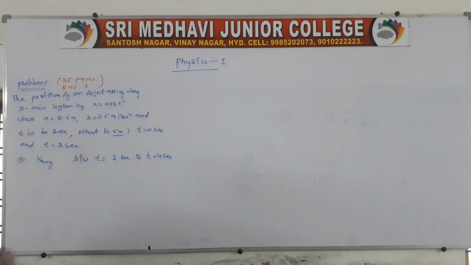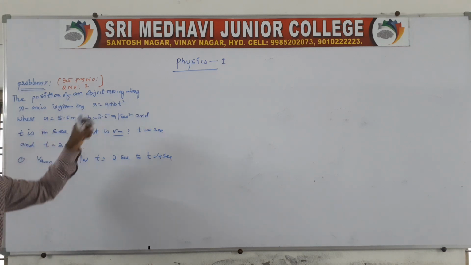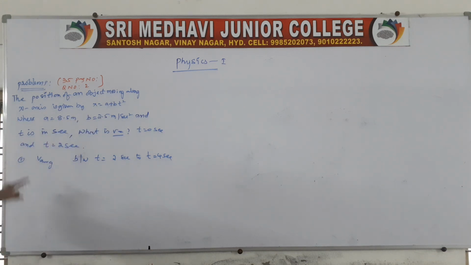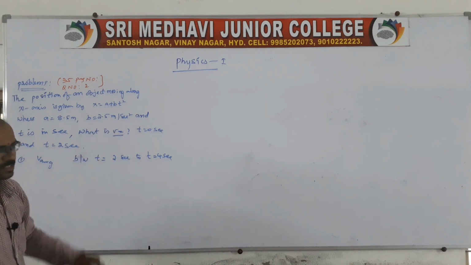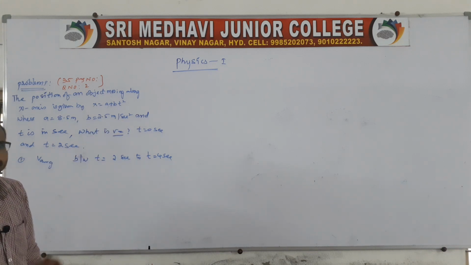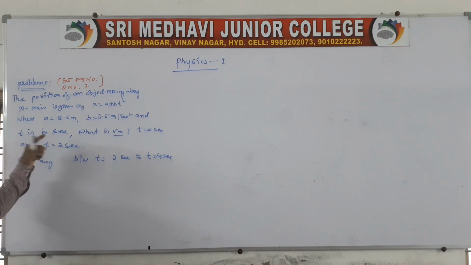The question is: the position of an object moving along the x-axis is given by x is equal to a plus bt square. It is an expression with respect to time, so the position changes. Here a is given as 8.5 meter and b is given as 2.5 meter per second square, and t is in seconds.